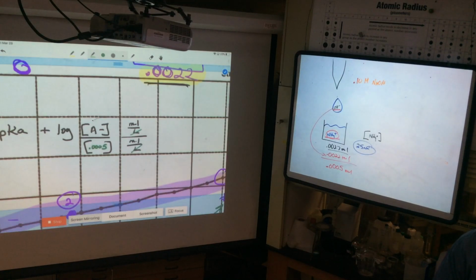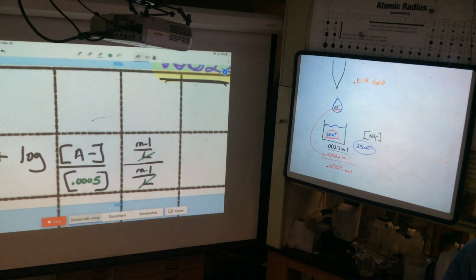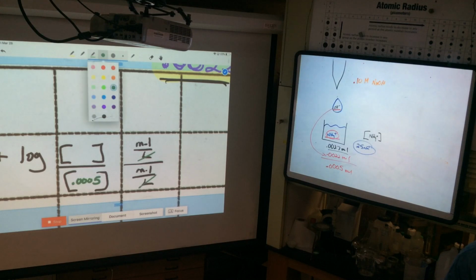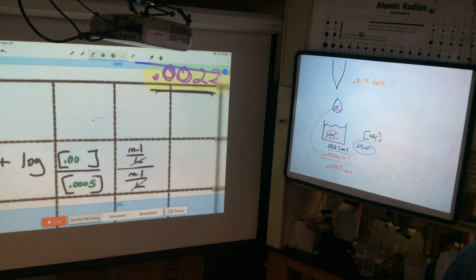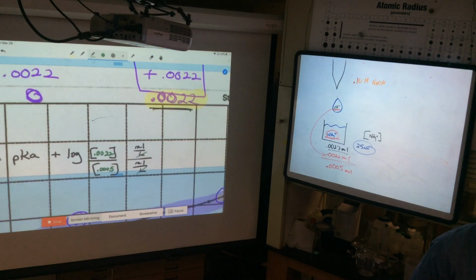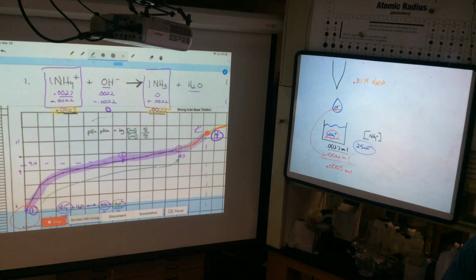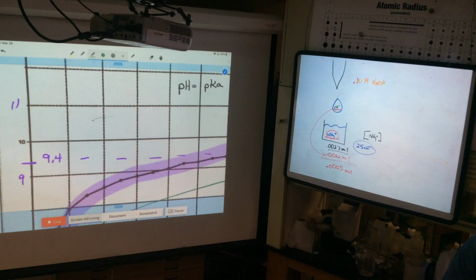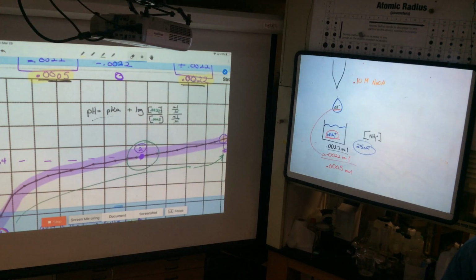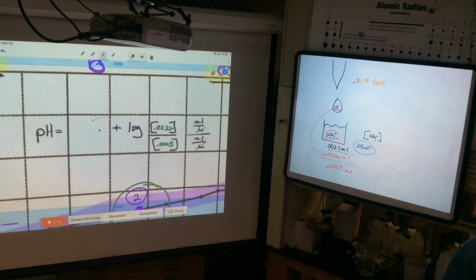That should make sense to you. Now we already know what the pKa is because we solved for that on the second point, and that is 9.4. So I'm going to write 9.4.